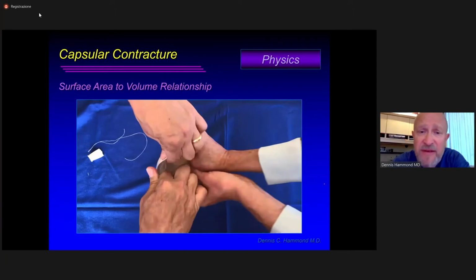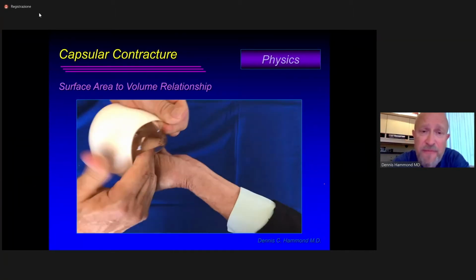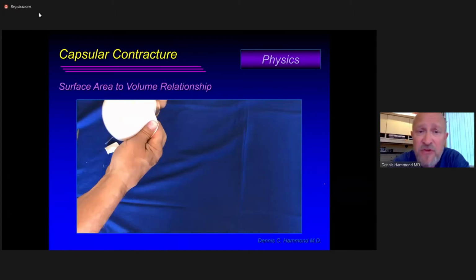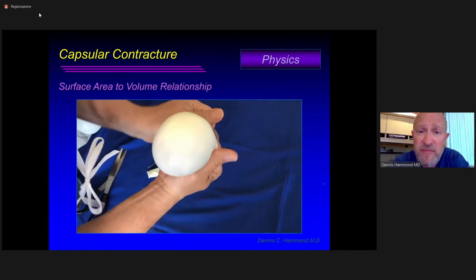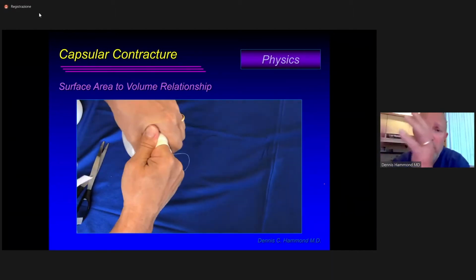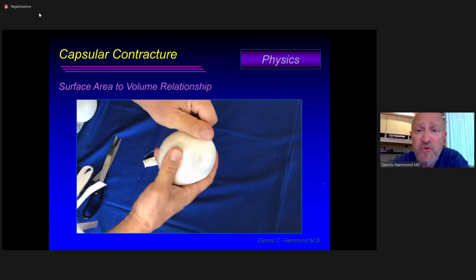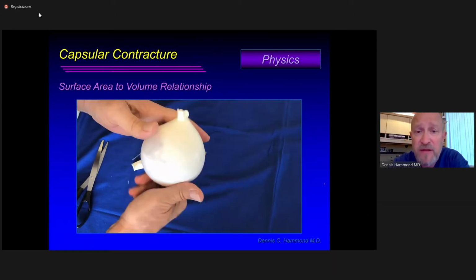Because of the lubrication, that rubber will push on the implant very symmetrically. So if we massage that around a little bit, we can mimic the effect of a very firm, compressed capsular contracture around that implant. We're moving the implant around a little bit, like so.